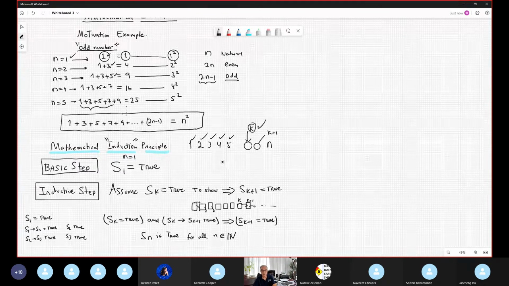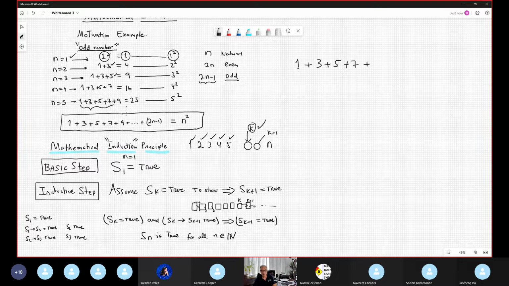I want to prove formally this idea: 1 plus 3 plus 5 plus 7 plus 9 plus and so on, any odd number, represented like 2n minus 1, is equal to n squared. I want to prove that using the mathematical induction principle. And remember, basic step.